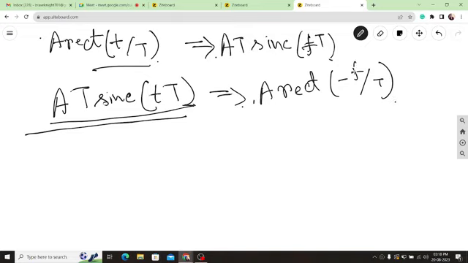Right? This minus sign just comes and t is changed by f. The rest of the things remain the same.